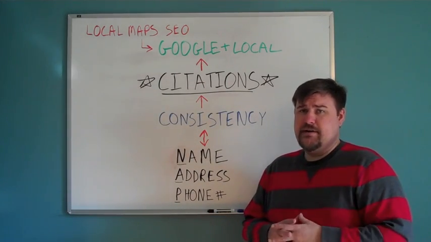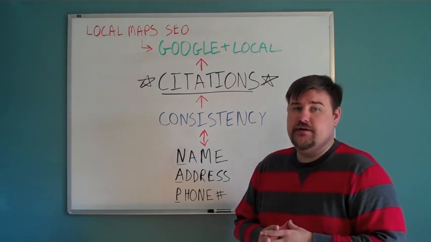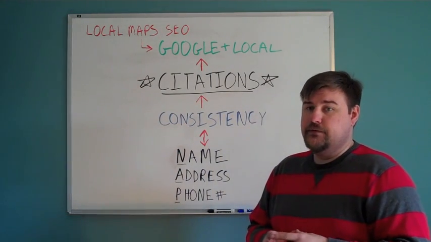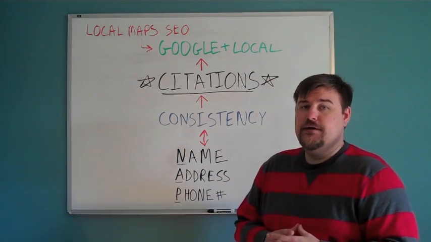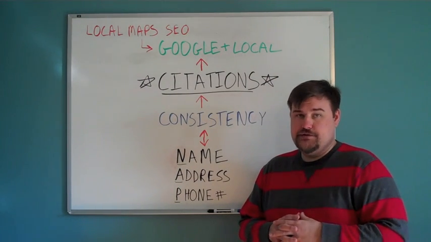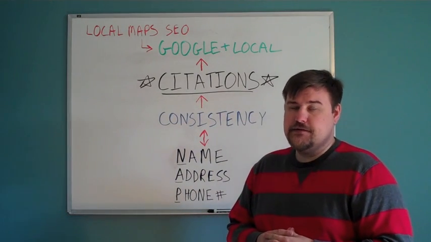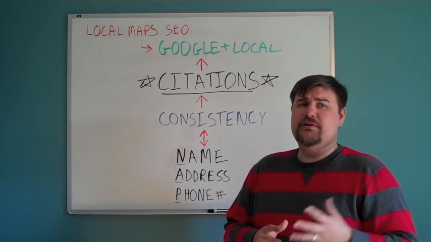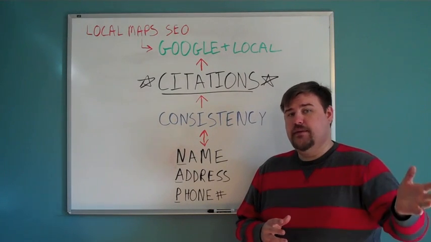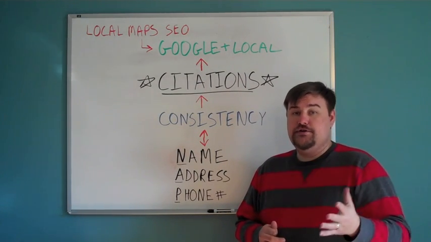And really what I want to talk about today is enhancing your visibility with that Google local search through usage of citations. And you may have heard the word citations before, but not really sure what exactly a citation is. And really what a citation is, it's a reference from another website about your company's location.